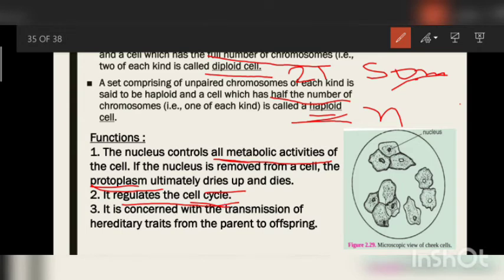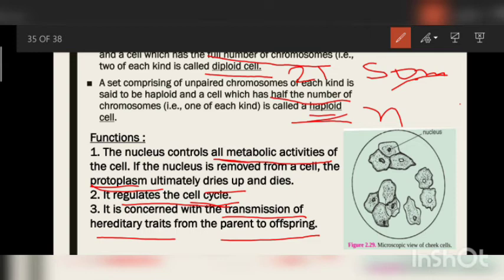And the last, it is concerned with the transmission of hereditary traits. Traits means characters. For example, your height is a character, your skin color is a character, from parents to offspring. Okay, so these are the three main functions of the nucleus. First, it controls your metabolic activities.